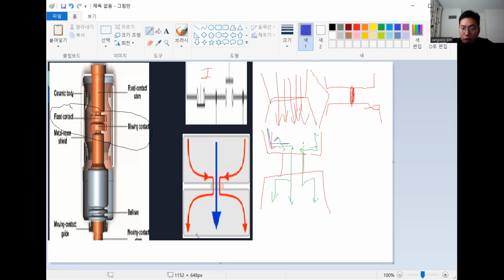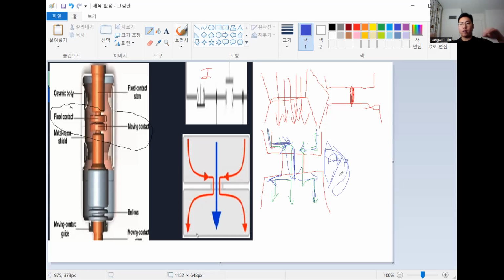Okay, the current now goes this way, right? And since it's one dot, and the current here goes like this, between them, as I said, repulsion force happens. Electrostatic repulsion force happens here.